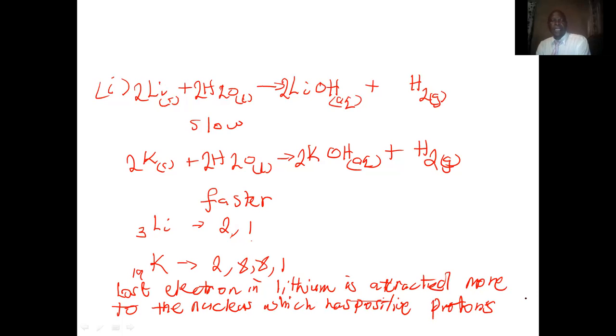So it is easier to lose the electron which is very far from the nucleus than the one which is nearer to the nucleus. And therefore, the reaction for potassium would be faster than the reaction for lithium with water.